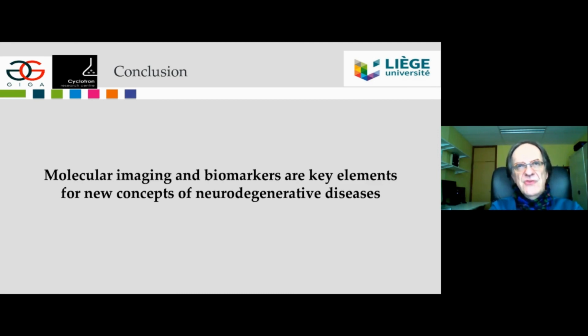When you know the sequence of events, try to see if a drug, which you hope will modify the evolution of the disease, is effectively modifying as well the key molecular constituents or steps of your pathology, and so make a real follow-up.